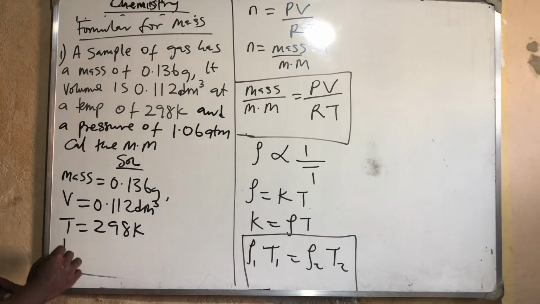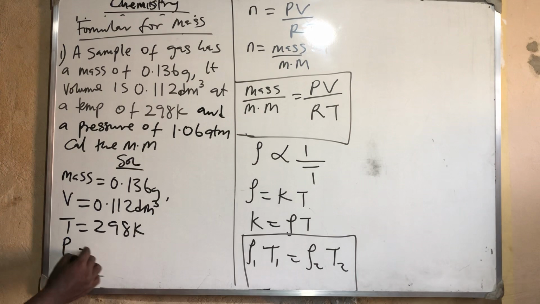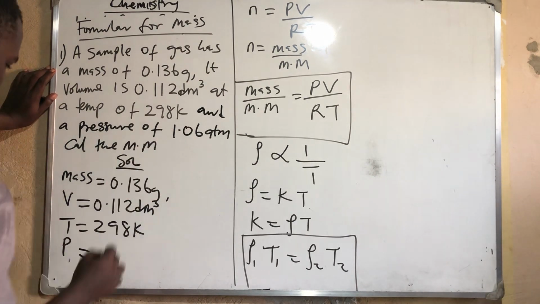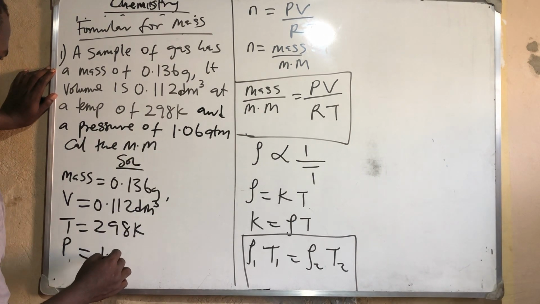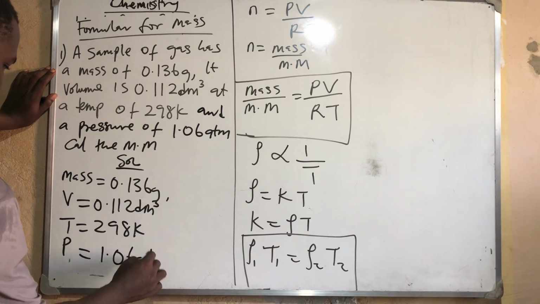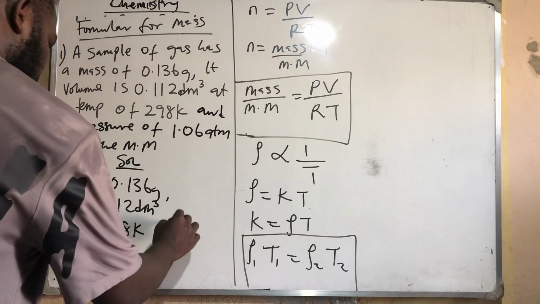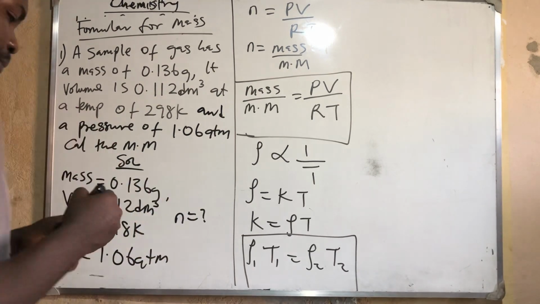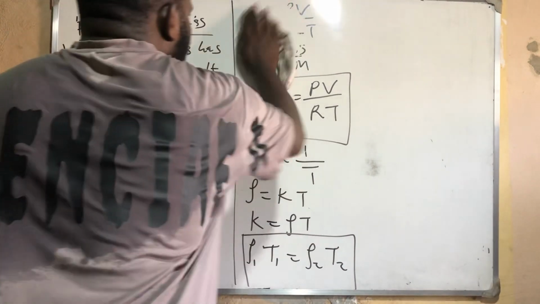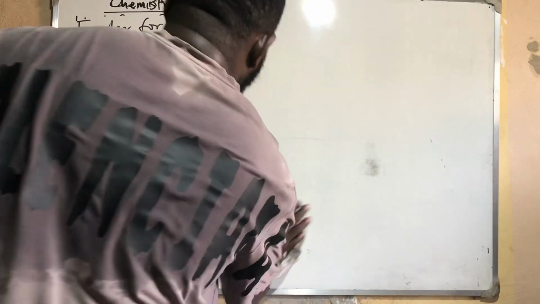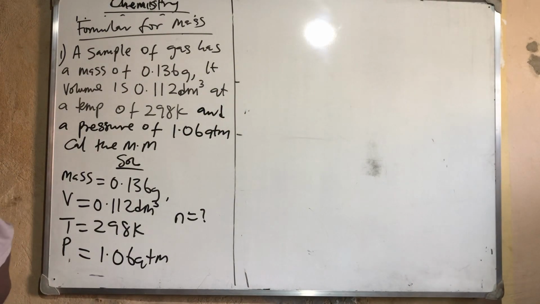Yes, they gave us pressure as 1.06 atm. All right. So in the normal gas equation, what they did not give us is the number of mole. Let us find the number of mole first.